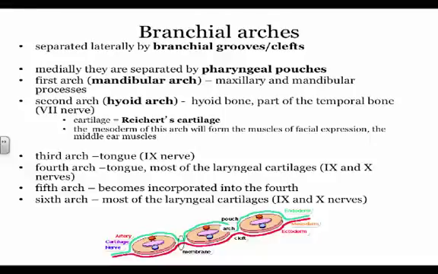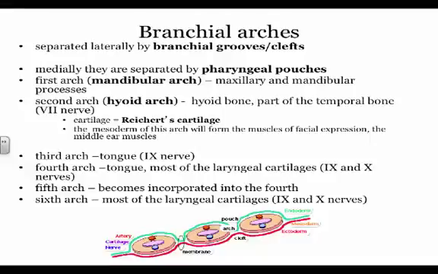The second arch is called the hyoid arch. It has the hyoid bone and the seventh cranial nerve. In the hyoid arch, there is cartilage that is called Reichert's cartilage. Okay? In the hyoid arch, we will form the muscles of the face, of facial expression.